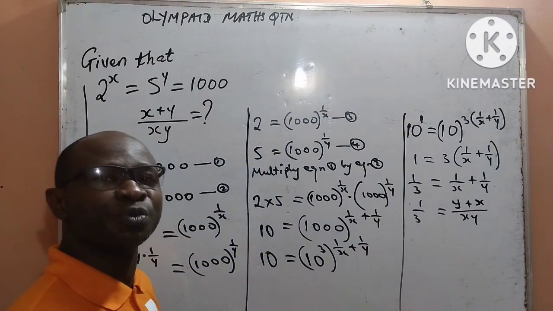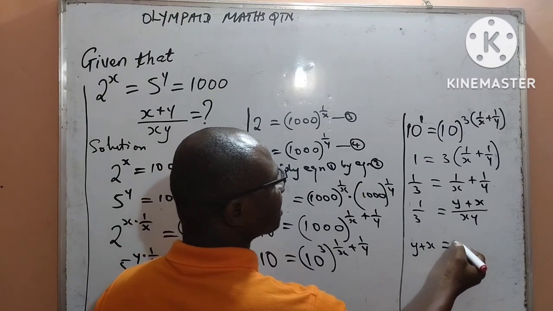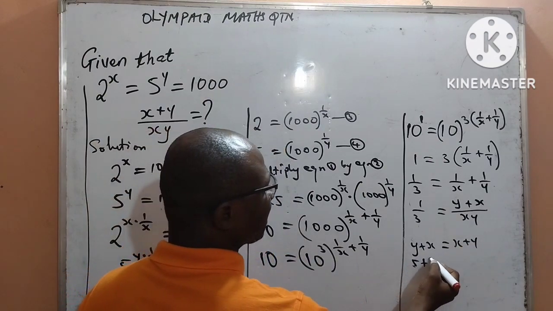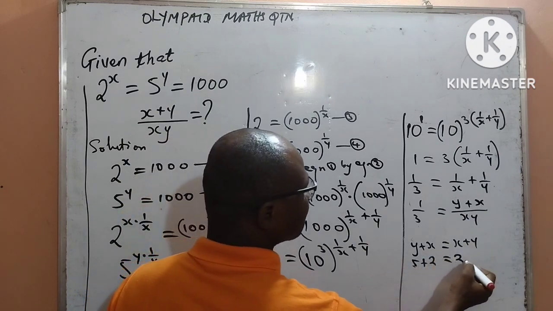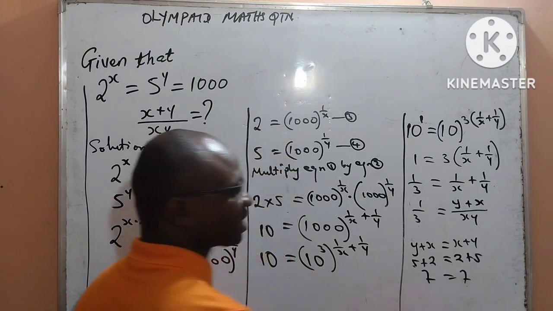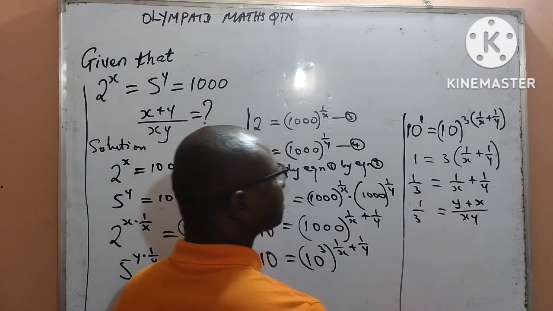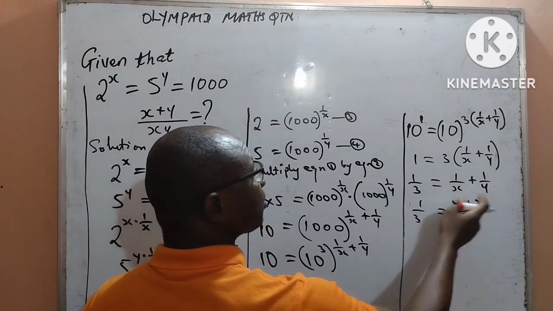And you know addition is commutative. If I have y plus x, it is the same thing as x plus y, because if my y is 5 and my x is 2, it is the same thing as writing my x first and then writing my y second. That is 7 is equal to 7. So what that means is that here that I have y plus x, I can write it as x plus y.